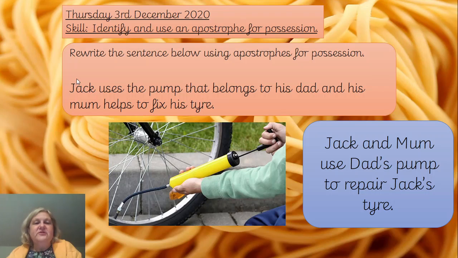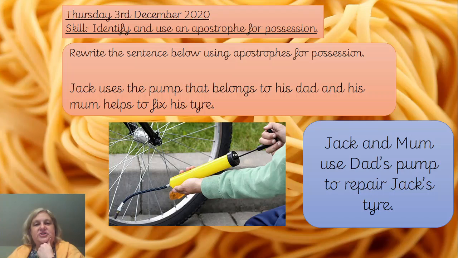Variations. Rewrite this sentence by using apostrophes for possession. Jack uses the pump that belongs to his dad, and his mum helps to fix his tyre. This one is, yeah, the pump actually belongs to his dad, so you need to put in dad's bicycle pump.